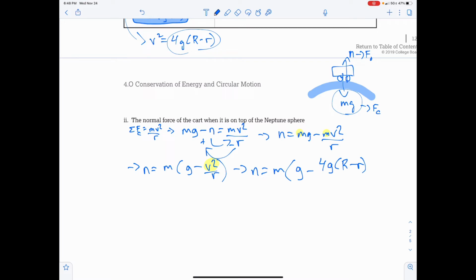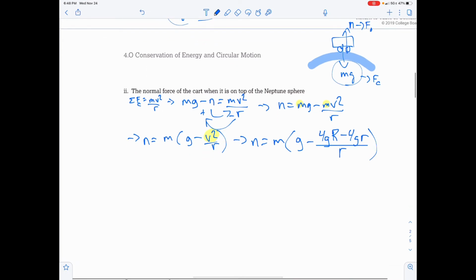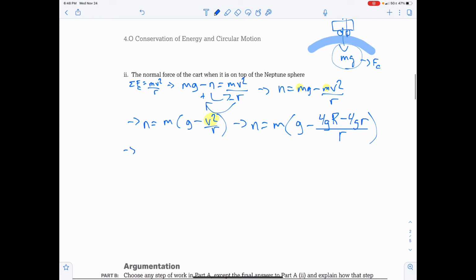which, for the purposes of what we're doing now, we can go ahead and just distribute that all. So that would be 4g big R minus 4g little r, and that's all over r right down here. Okay, and then now, we can clean that up a bit.